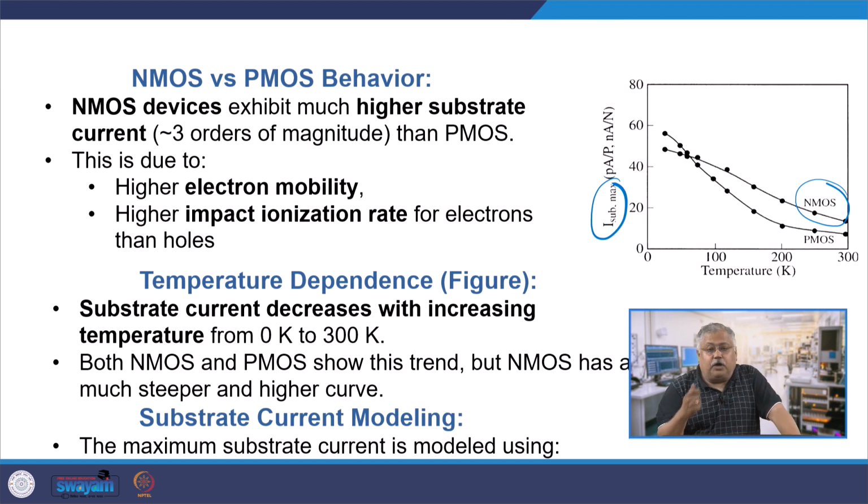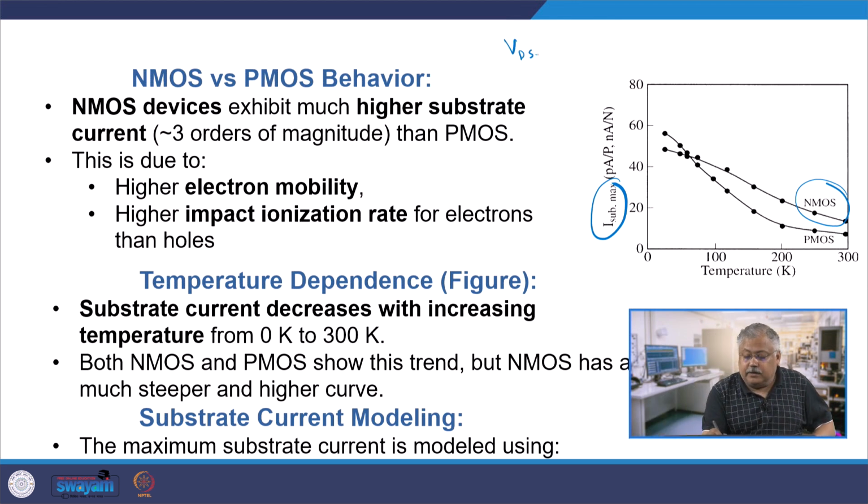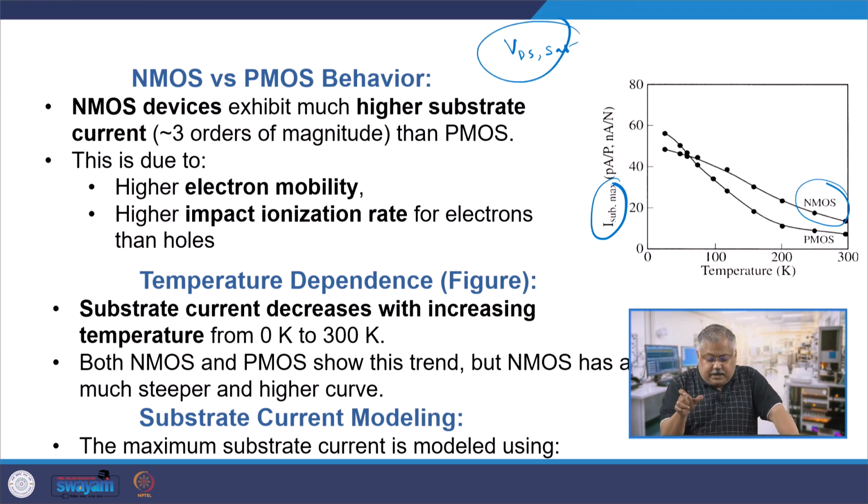It depends therefore on the drain voltage. It also depends upon the value of VDS sat, which is the saturation drain to source voltage. The greater the difference between VD and VDS sat, the greater your impact ionization, which means that if your applied VDS is very close to VDS sat, your impact ionization profile will be relatively smaller, and that is one of the reasons your substrate current will be relatively smaller.